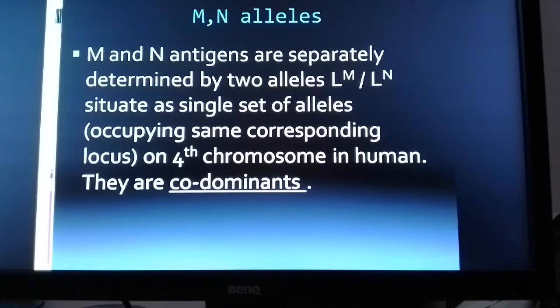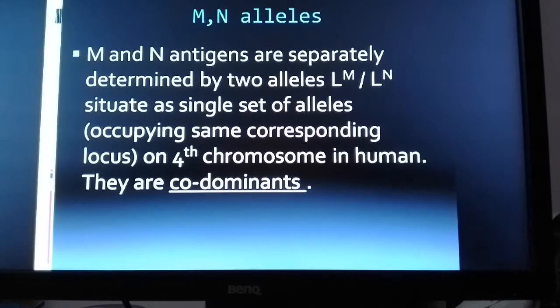Now the M antigen and the N antigen are determined by a pair of alleles. You say L^M allele for the production of M antigen and L^N allele for N antigen, and they are symbolized this way, prefixed with L, in order to honor the scientist who discovered this MN blood group.